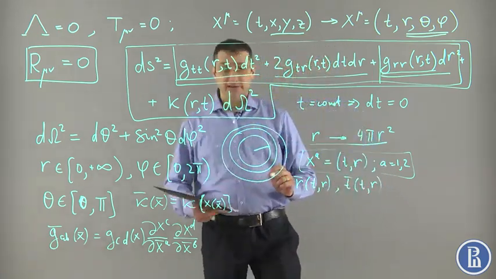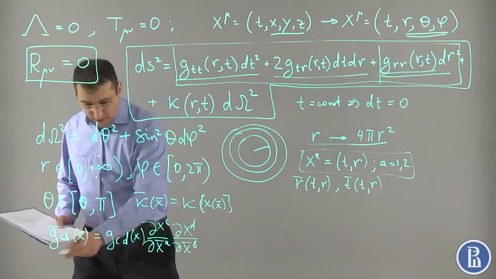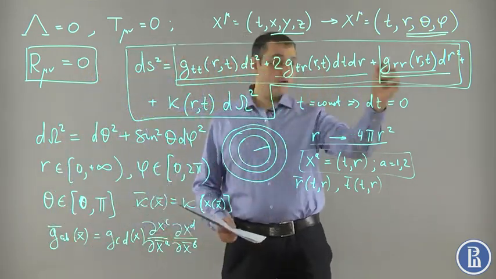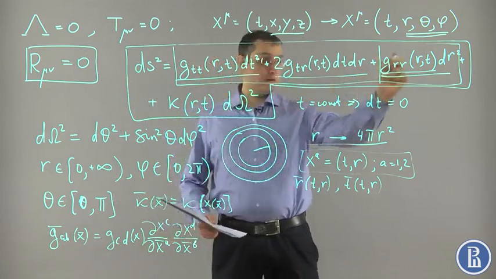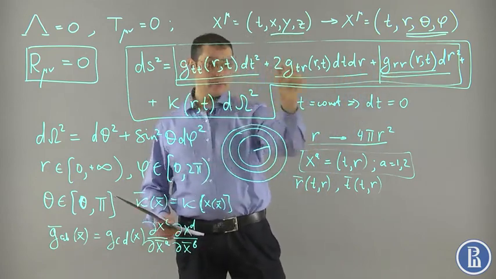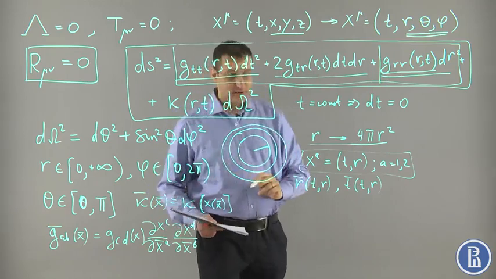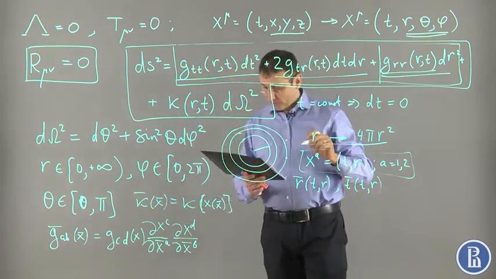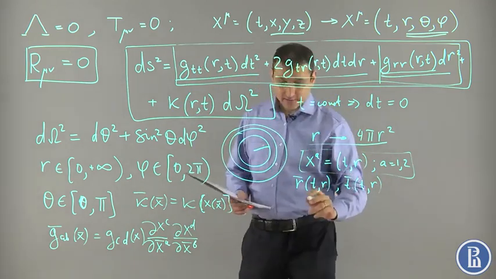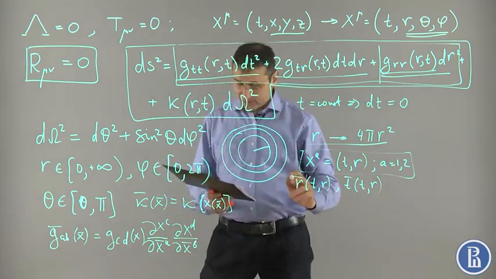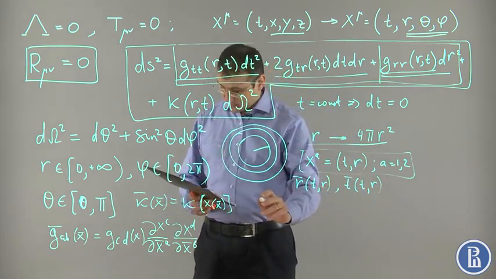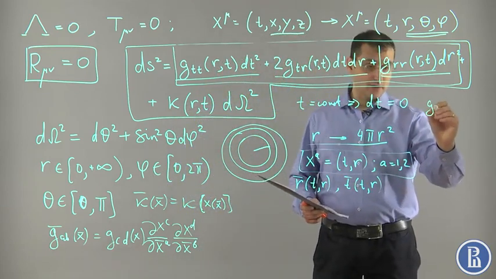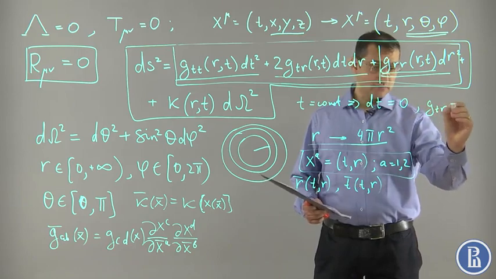These two functions can be used via this transformation to fix two out of these four independent functions. So we have 1, 2, 3, 4 functions. So using these two functions, we can fix two out of the four. And the convenient choice for the future is to put g_tr to 0.